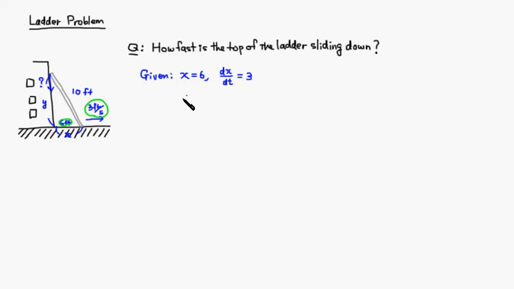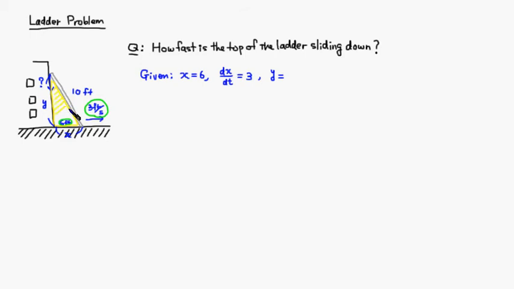Then we would like to know what y is. We don't have that directly given, but we can easily find it using the Pythagorean theorem. You can visualize a right triangle right here, with the right angle here.